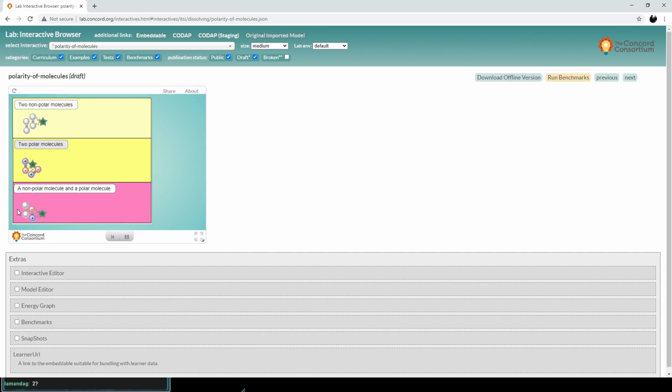When you're doing this, make sure you press the little play button at the bottom. Otherwise, it's not going to do anything. As we go through this, you'll be able to feel with your mouse how these things are working, so you can see how polar molecules are interacting, how non-polar ones are interacting, and that sort of thing.